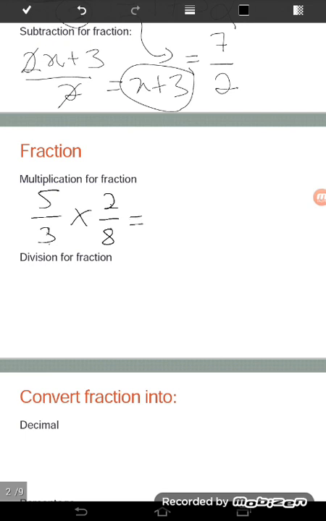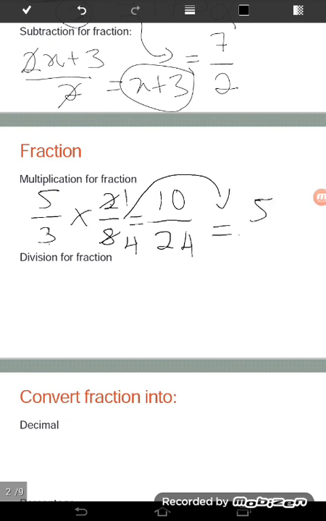So the answer is 10 over 8 times 3, which is 24. Actually you can simplify first, 1 over 4. When you simplify, you will have the simple answer, which is 5 over 12.